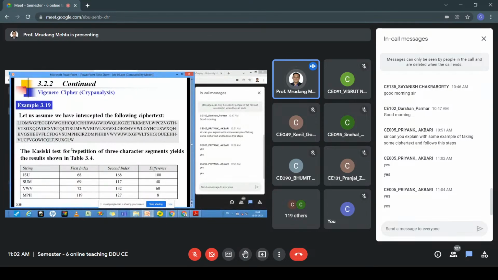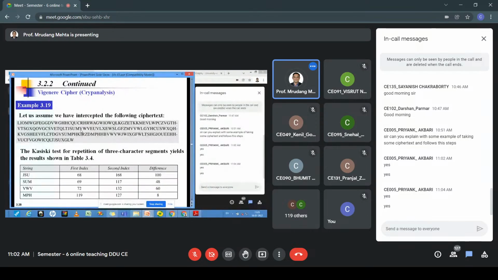The third segment that we find is VWV. The first time it appeared is at index 72, so we have to count the first character index.